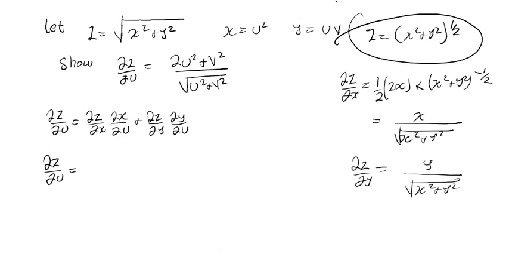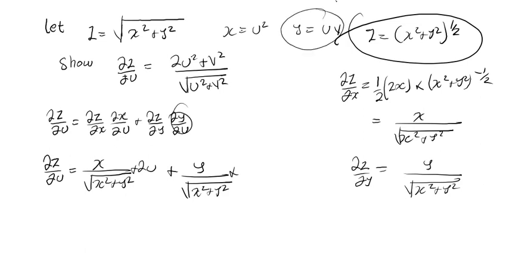So I can come here and say I have x over the square root of x squared plus y squared. I multiply by partial of x with respect to u, I'm going to get 2u. Plus here I have y over the square root of x squared plus y squared multiplied by partial of y with respect to u, you're going to end up getting v, because you're keeping v as a constant.